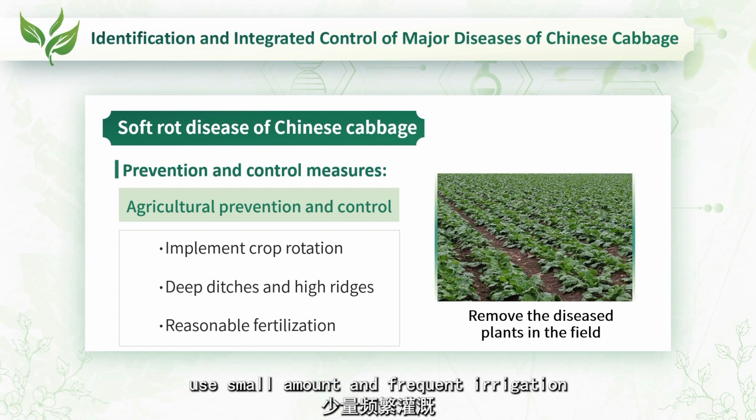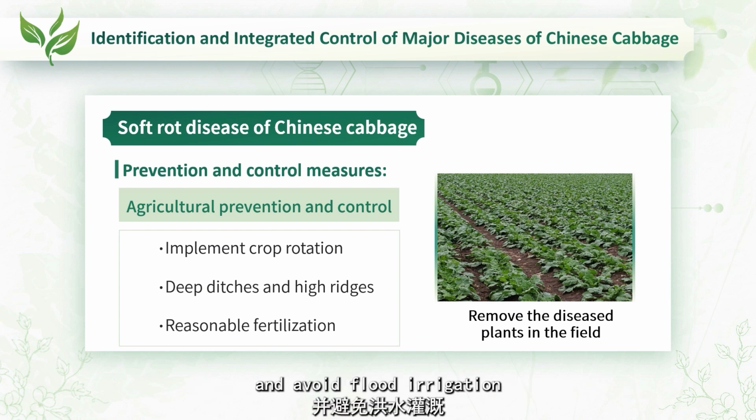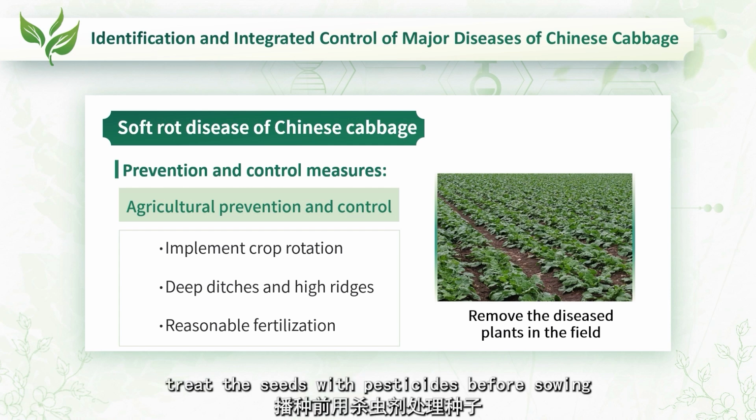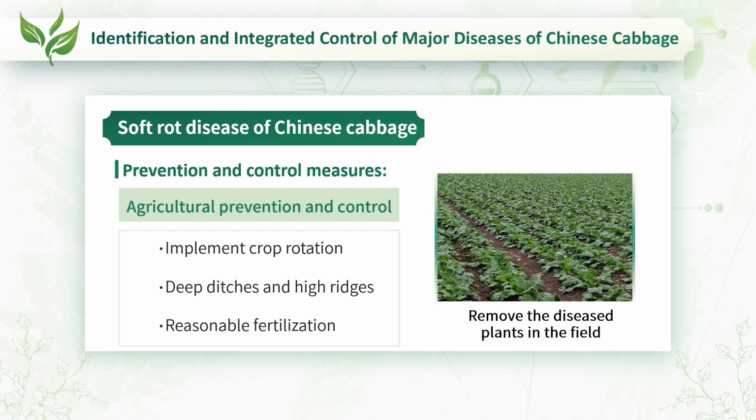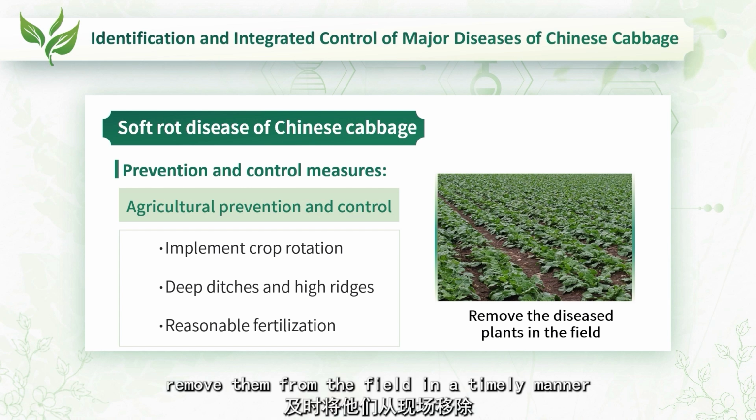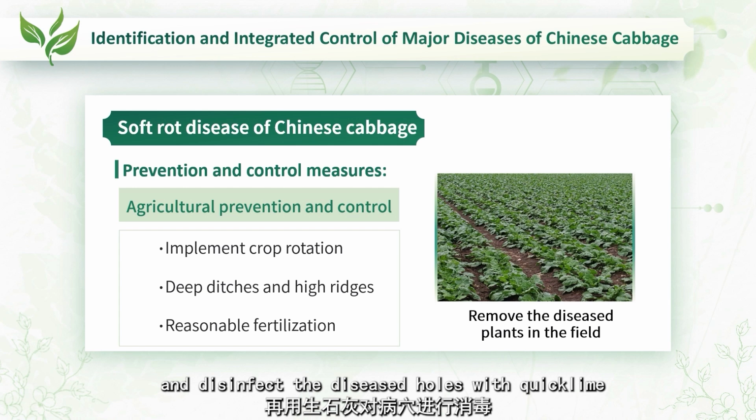Use small amount and frequent irrigation and avoid flood irrigation. Treat the seeds with pesticides before sowing. When diseased plants are found, remove them from the field in a timely manner and disinfect the diseased holes with quicklime.